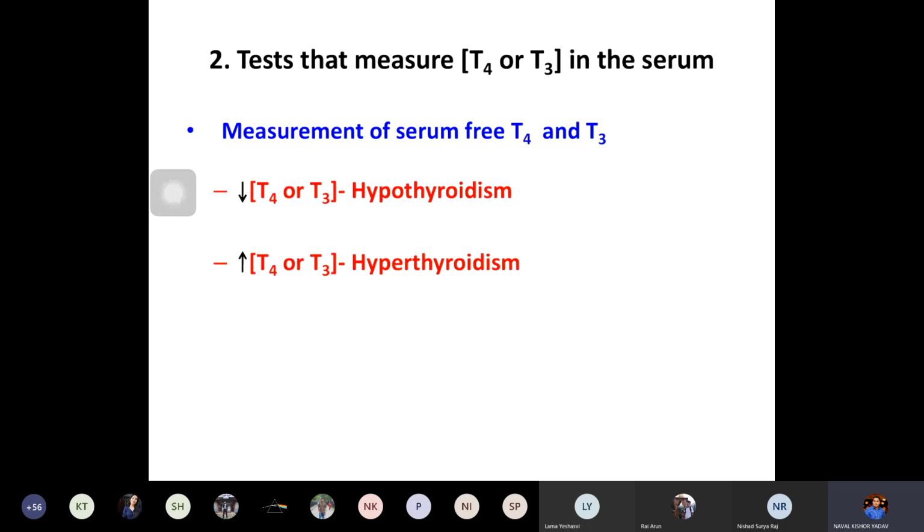Taking these three together, TSH, free T3 and free T4, in hypothyroidism the thyroid hormones T3 and T4 will be lower but TSH will be high. Similarly, in hyperthyroidism, we will get just the opposite results. Free T3 and T4 levels will be higher, and the TSH level will be decreased. Okay.